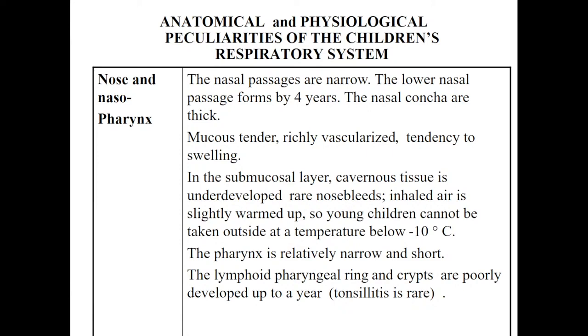The mucosa is tender, richly vascularized, which causes a tendency to swelling and, as a result, leads to broncho-obstructive syndrome. In the submucosal layer, cavernous tissue is underdeveloped, which explains rare nosebleeds.